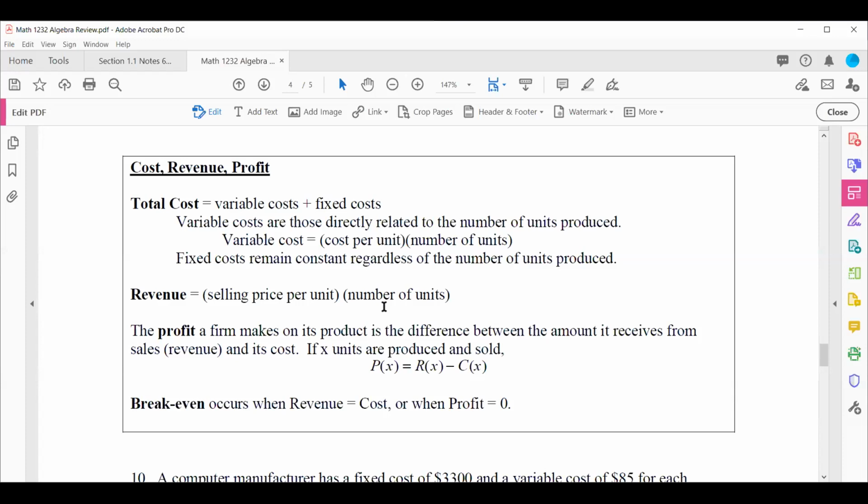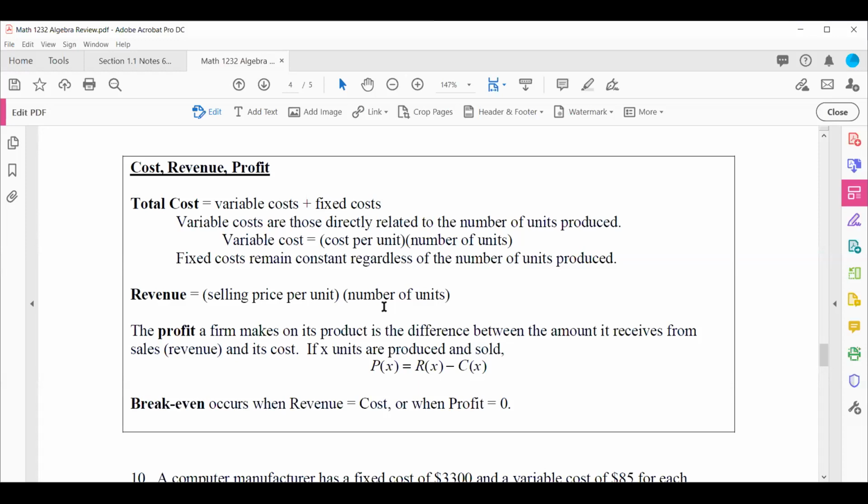There's the variable cost and the fixed cost. Fixed cost is what it sounds like. It's fixed. It stays the same no matter how many units are produced. But variable cost is related to the number of units produced. Fixed cost could be like rent, utility bills, salaries. Variable cost, suppose you're making t-shirts, so every time you run the machine to print a t-shirt, that costs something. That would be the variable cost.